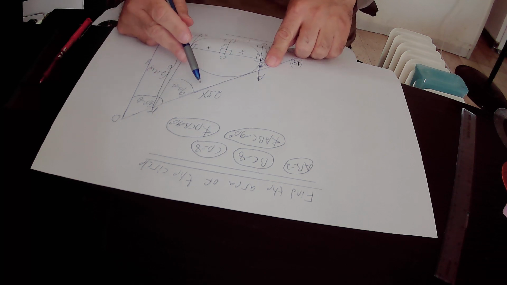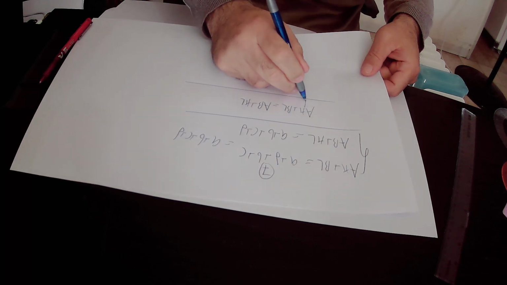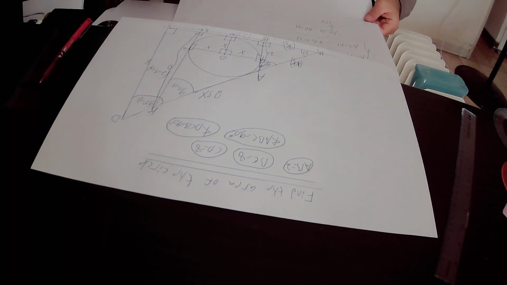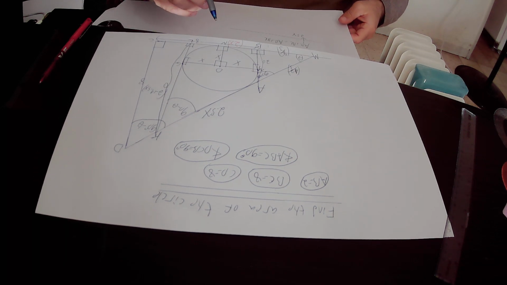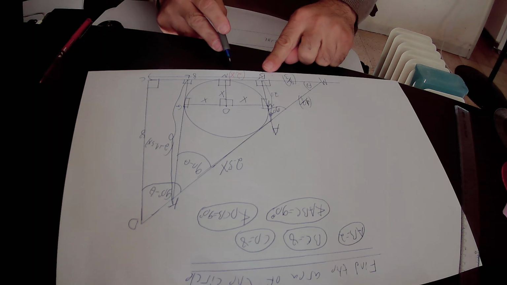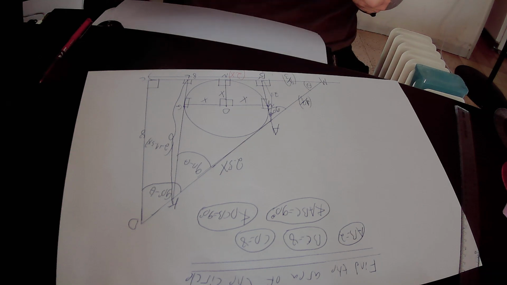So here AK equals 2.5x, so substitute AK by 2.5x. BL here equals 2x, so substitute BL by 2x.